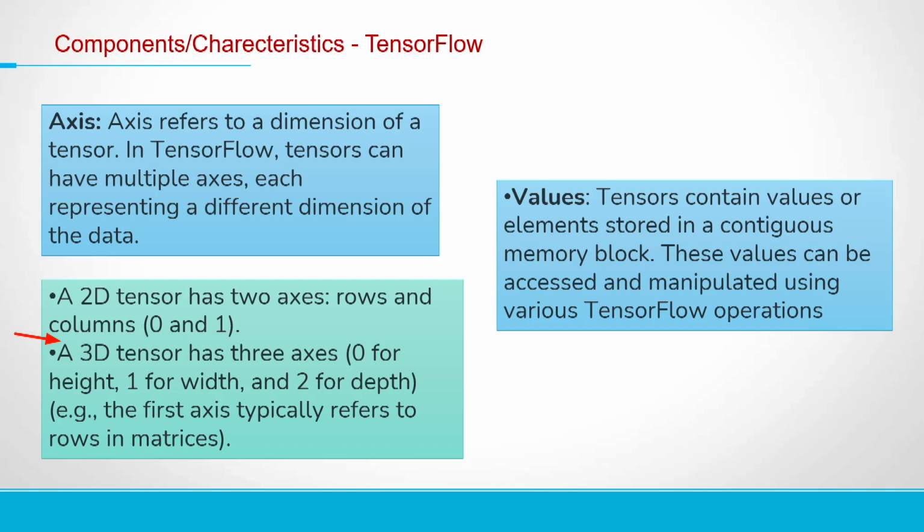In the case of 2 axes we call them rows and columns, and in the case of 3 axes we call them height, width and depth. The values in tensors are the elements that are stored in contiguous memory blocks, and these values can be accessed and manipulated using various TensorFlow operations.